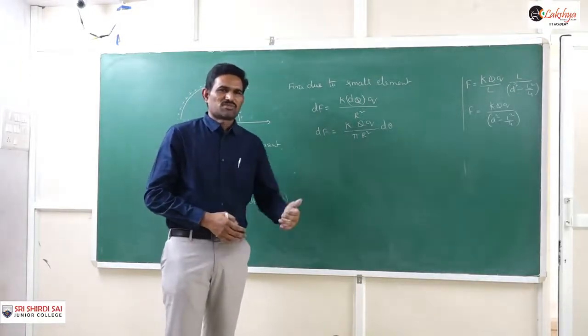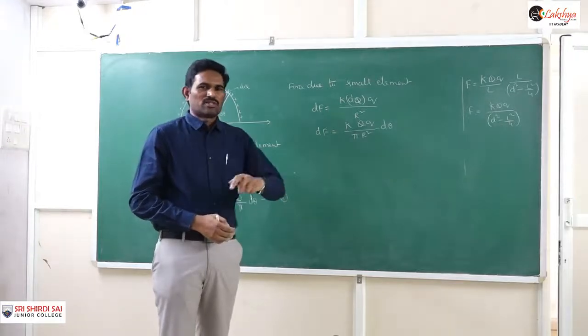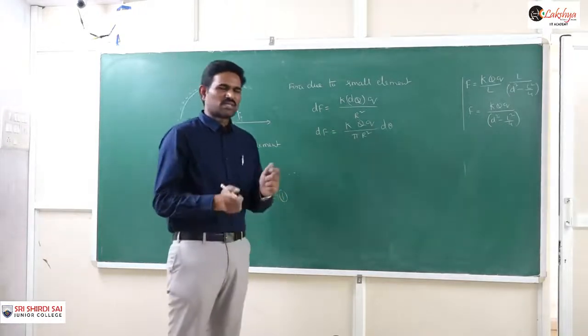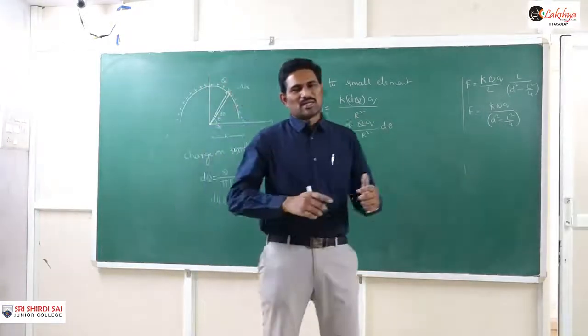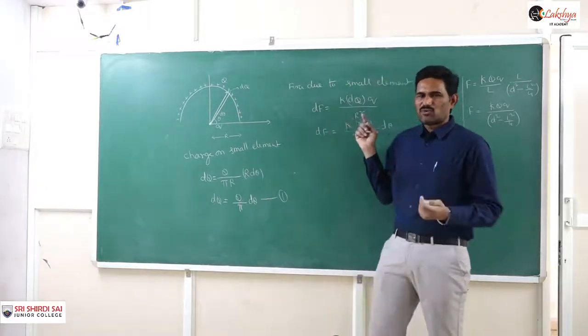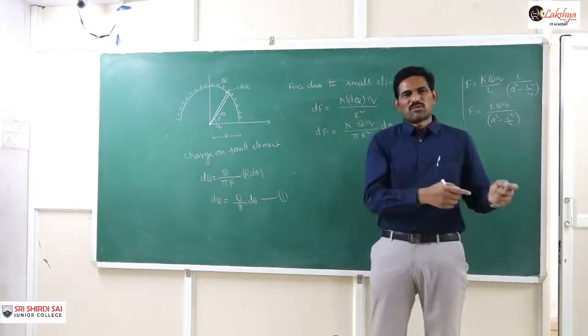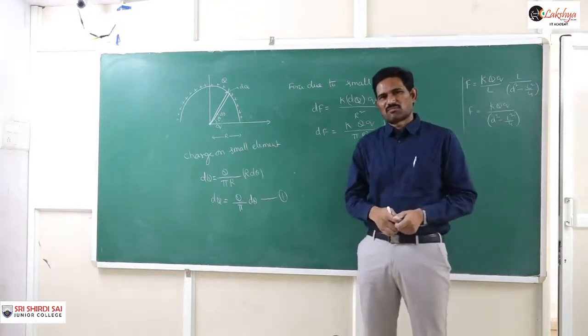We check whether the direction is the same for all the elements or different for different elements. If it is the same for all the elements, you can integrate dF directly like our previous problem. In the previous problem, for any element of the rod, the force on the point charge was in the same direction, right?